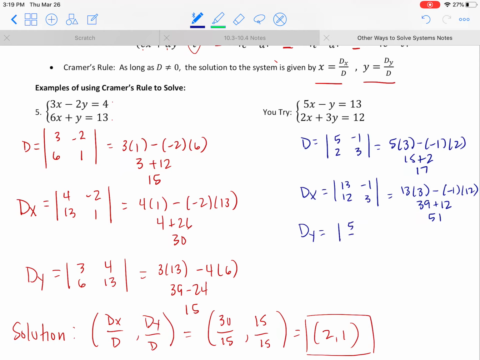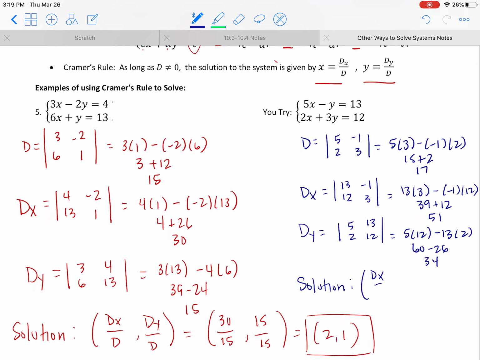Determinant for y. Okay, we're going to leave the x's here. So 5 and 2, we put the constants in for the y column this time. So 13 and 12. And so that's 5 times 12 minus 13 times 2. So that's 60 minus 26. And that's going to give me 34.